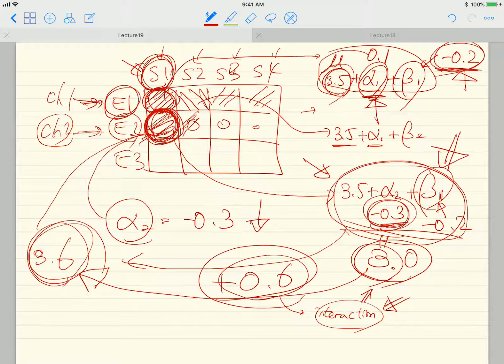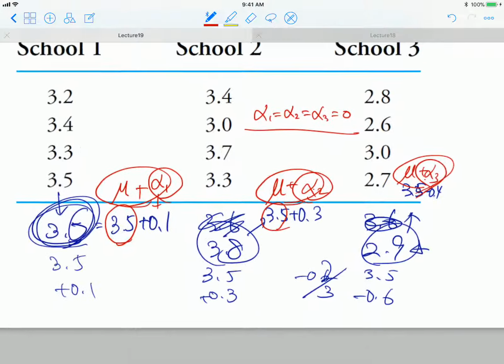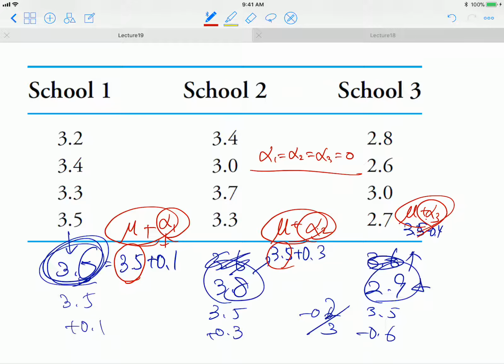Okay, and then let me now introduce one really important characteristic that we will keep utilizing. So in this case, our mean values were 3.6 and 3.8, and in this case it should be 3.1, right?